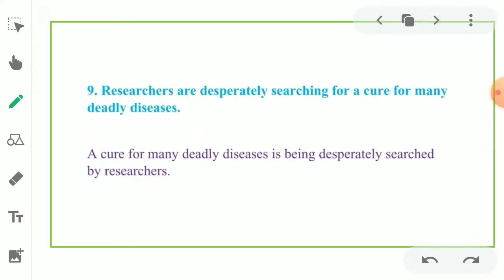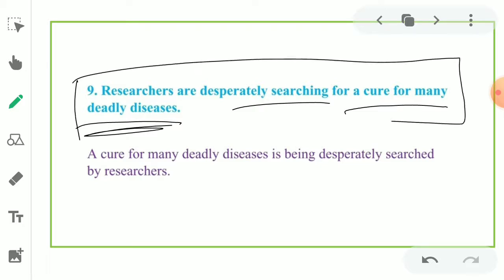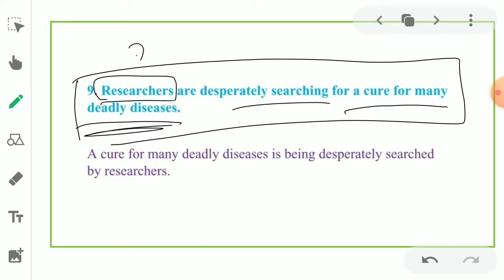Researchers are desperately searching for a cure for many deadly diseases. It is tricky to understand the subject-verb agreement here, but it's very simple. Researchers is the subject, are desperately searching is the verb.